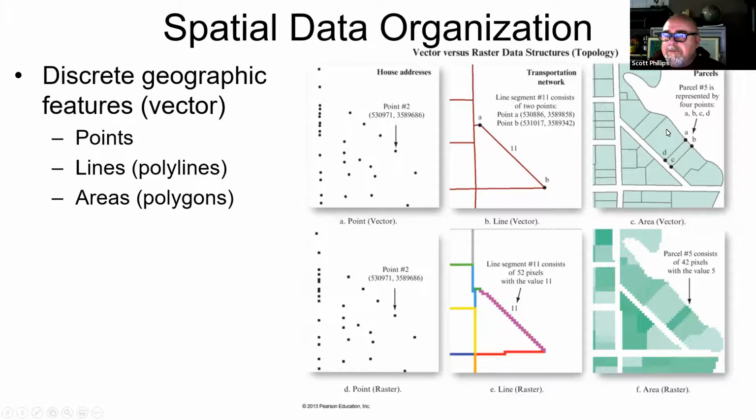Counties, housing parcels, congressional districts, soil map units, vegetation boundaries can be represented by these enclosed areas that we call polygons. Here a polygon is made up of these 4 points, and the lines between these points enclose an area we call a polygon.